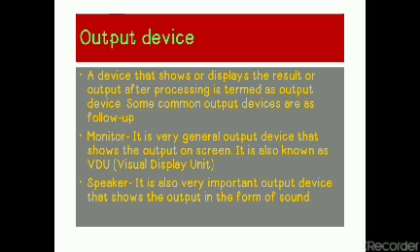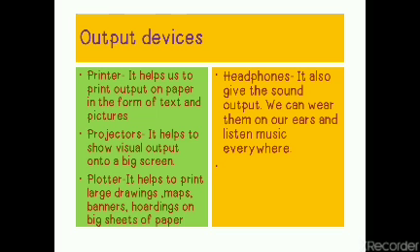The speaker is also an output device that gives sound output. Printer is also an output device that helps us take a printout on paper in the form of text or pictures. Projector helps to show the output in visual form onto a big screen so that a number of people can view it at the same time easily.